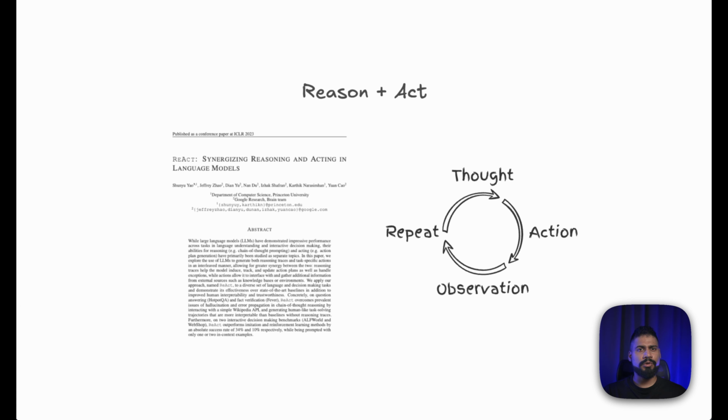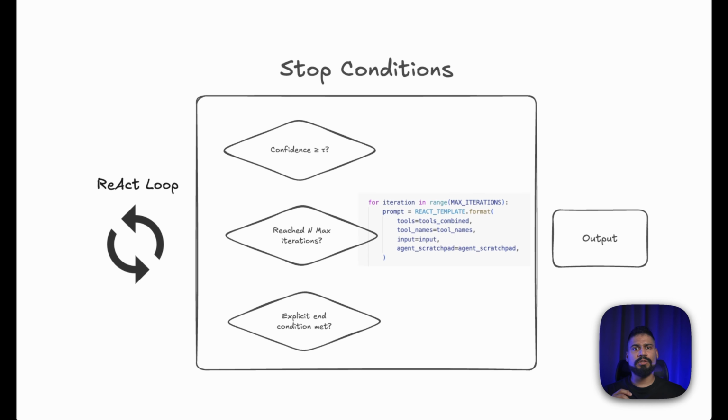But hold up. What stops it from looping forever and racking up a giant token bill? That's where design matters. Here's the thing. At its core, an agent is just an LLM in a loop. The real challenge is knowing when to stop. There are a few strategies for that. One is max iterations.